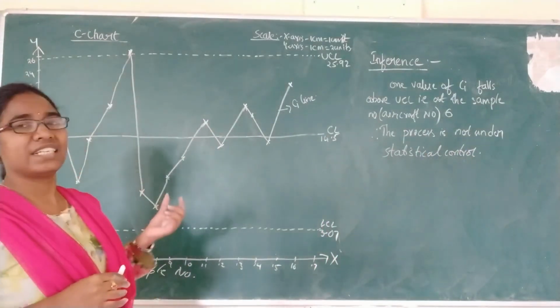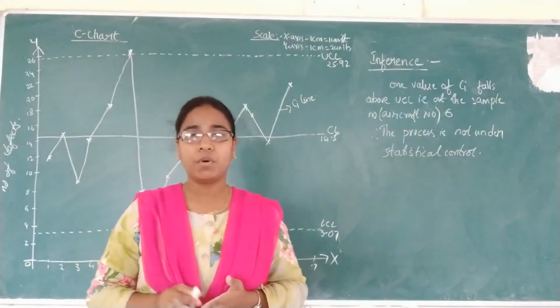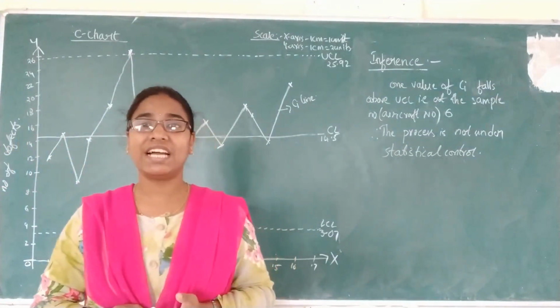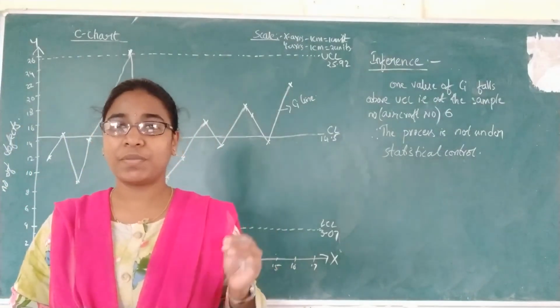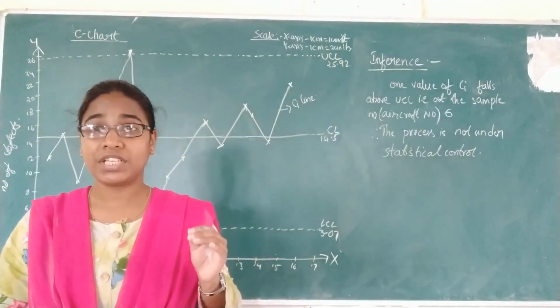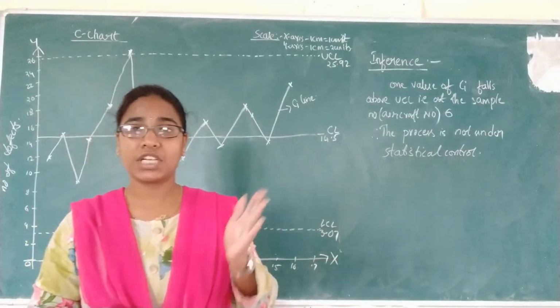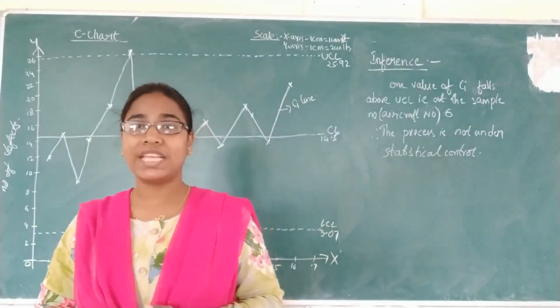So C chart is a very important and very easy chart among all the charts. Compared to the control charts for variables, the mean, range and standard deviation, the control charts for attributes are easier to calculate.